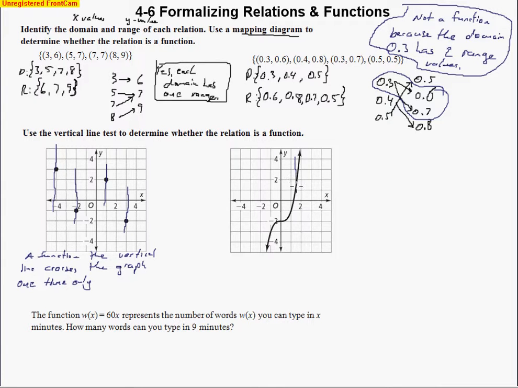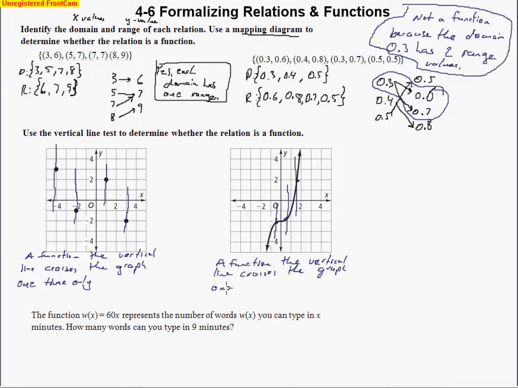You see, I could cross a vertical line through, and I only get it to cross one time. So this is also a function for the same reason. A function, and the reason is for the same, the vertical line crosses the graph one time only.